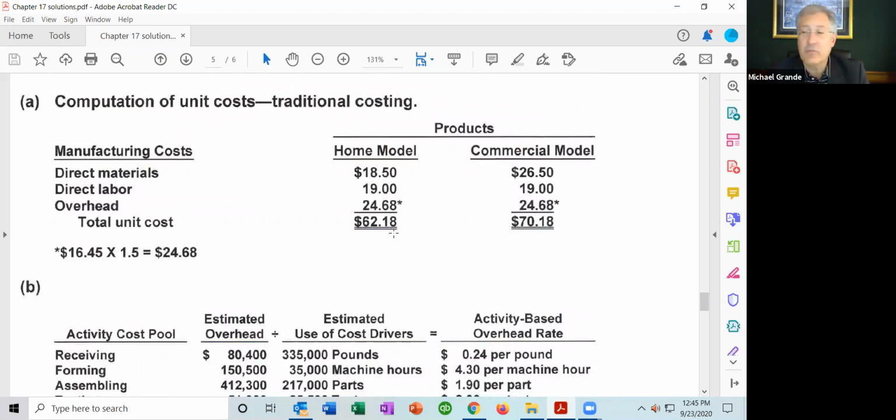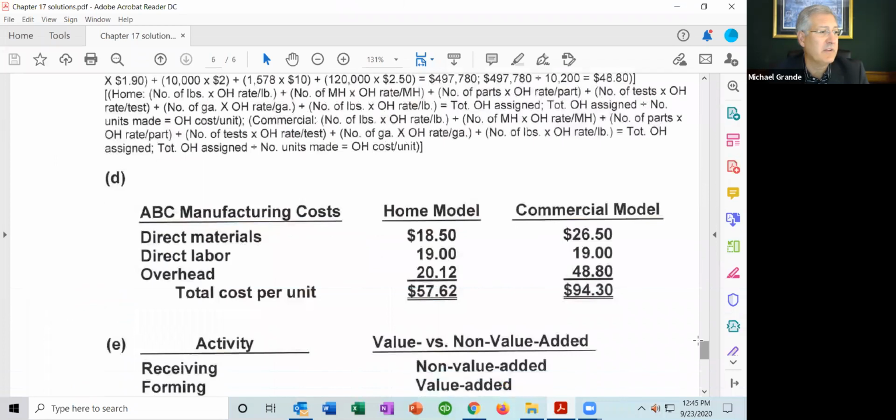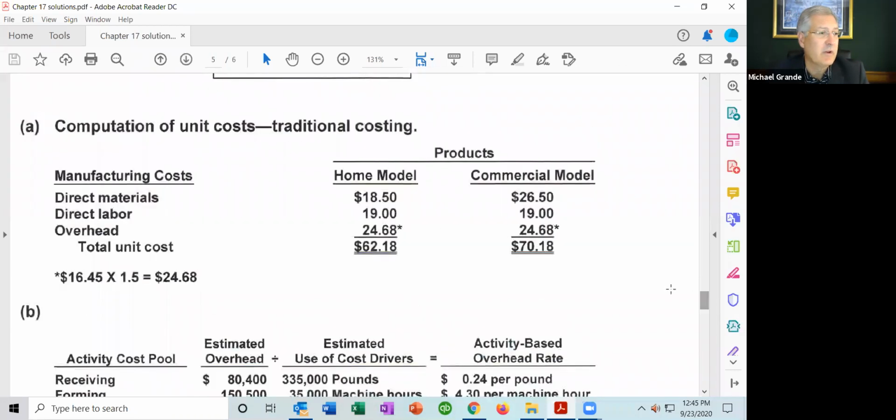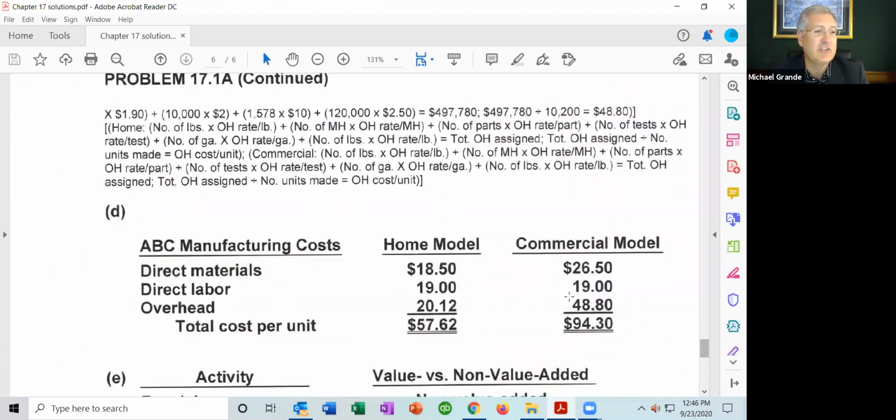Under the traditional approach, $62.18. Under activity-based costing, $57.62. The cost per unit dropped. And that's important because that's its high volume product. Let's look at commercial. Commercial was $70.18. It jumped up to $94.30.